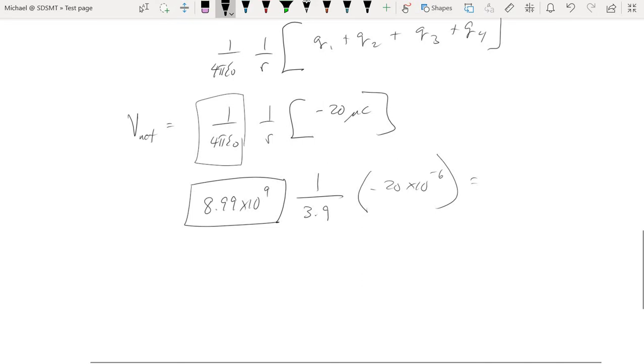Let's see what we have. 8.99 times 10 to the 9, divided by 3.9, times 20 times 10 to the negative 6, and there's also a minus sign up front there, so I'm getting a negative 46,102 volts.